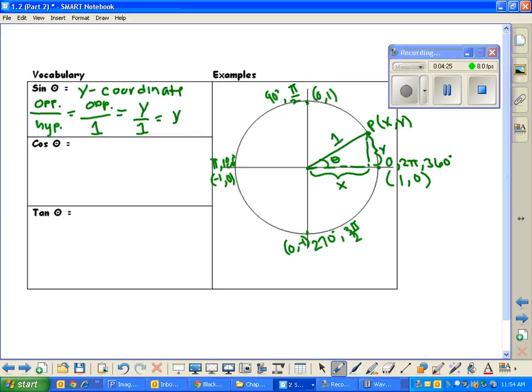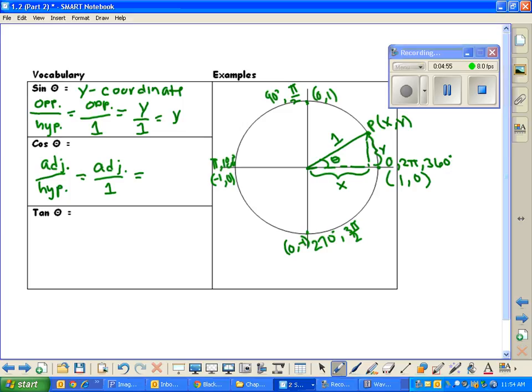Can someone talk me through cosine? Maybe even just give me the first step. Yep, that's where we start. Adjacent over hypotenuse. Thank you. We know that hypotenuse again is just 1. Adjacent to this angle right here is our x. Adjacent to any angle near the x-axis will be the x distance, right?